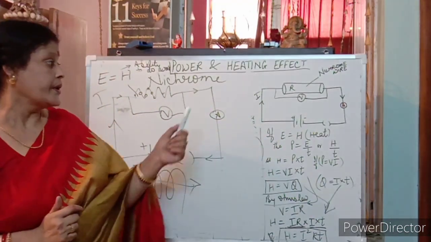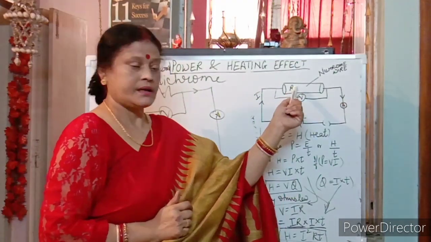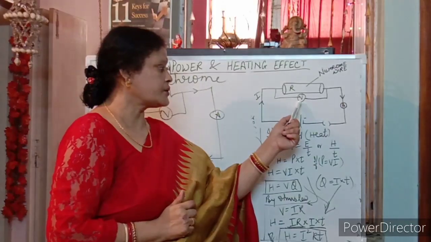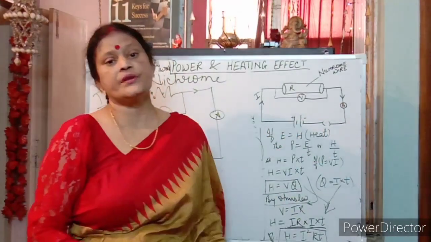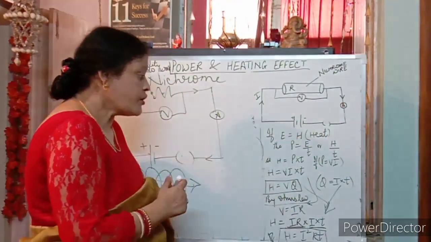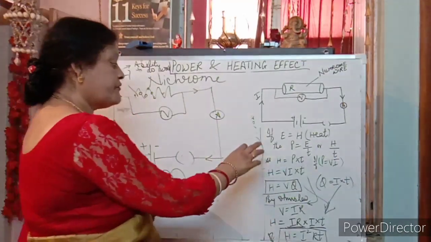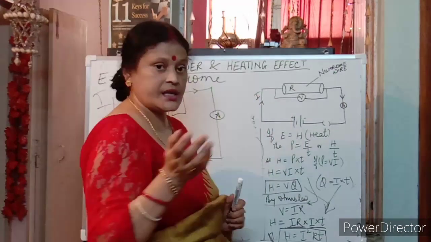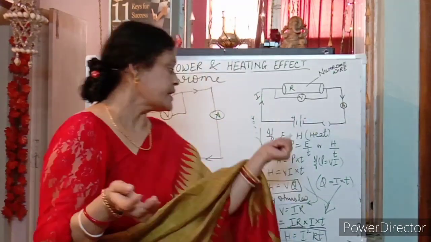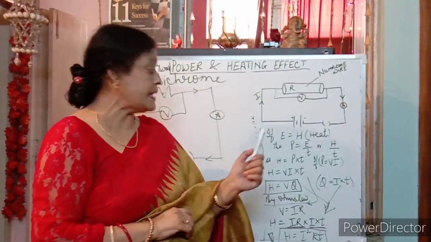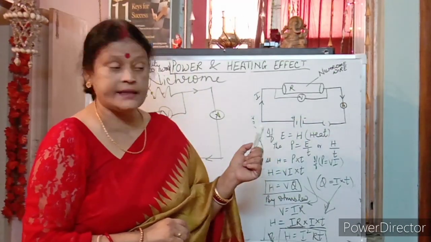Clear? Now, next, this is the gadget, this is the voltmeter, this is the connectivity. The voltmeter is in parallel to the resistance and the ammeter is to measure the current. Now if I relate this, what formula comes? See, electrical energy is converting into heat energy.